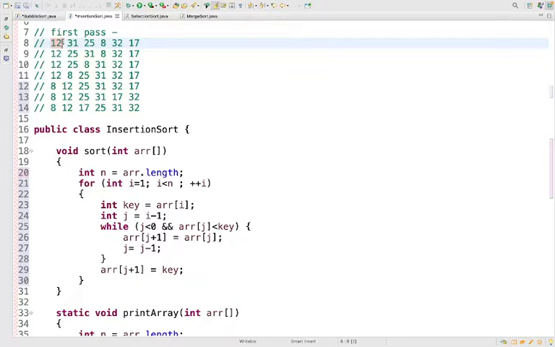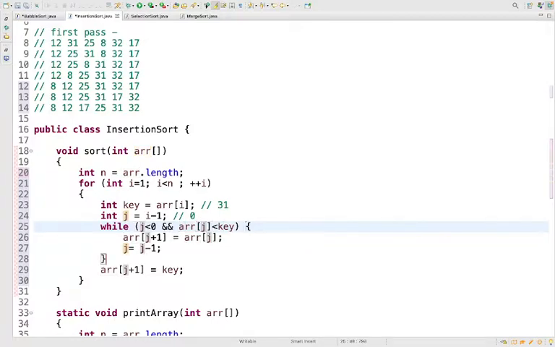For example, at the first pass, sorry, we will start with 31 because 12 is the minimum, right? So the first thing will be 31 at the first pass, and j will be at the value 0. Now it is checking whether j is greater than or equal to 0 and arr[j], that is arr[0], is greater than key or not.